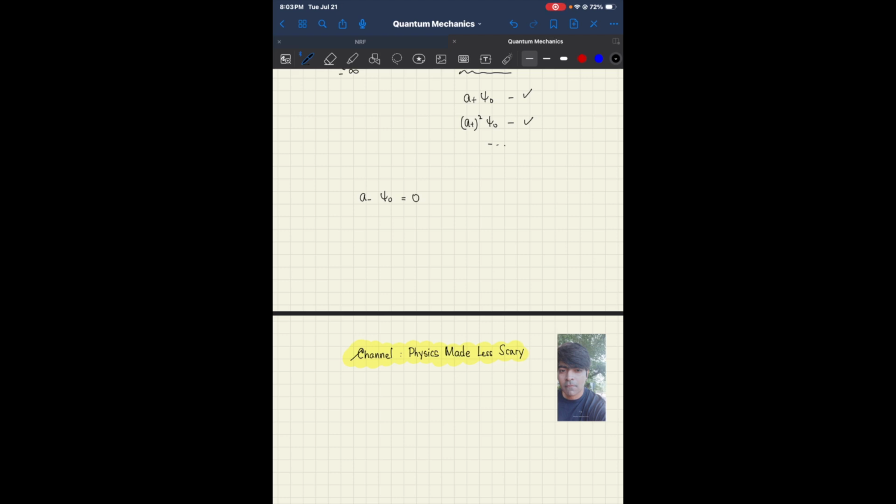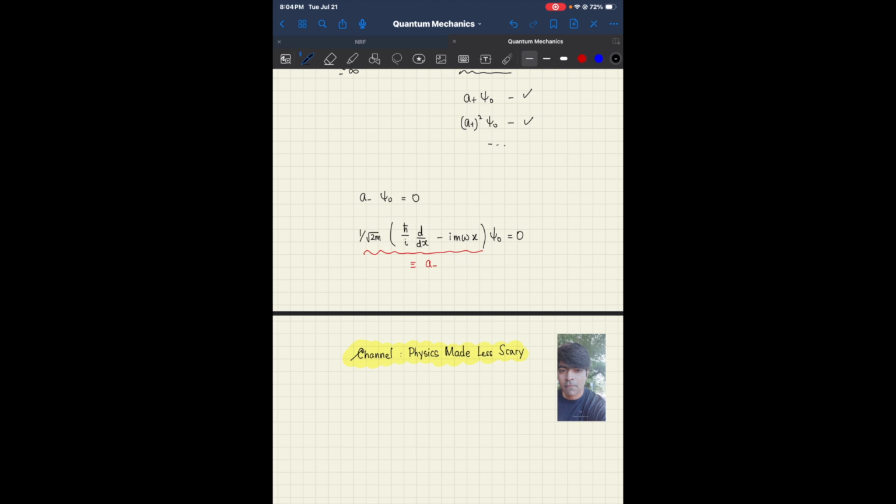Well, then it's easy, because I know what A minus is. A minus is 1 by root 2m times this operator, H cross by i d/dx minus i m omega x, acting on psi naught, equal to 0, because this was A minus.